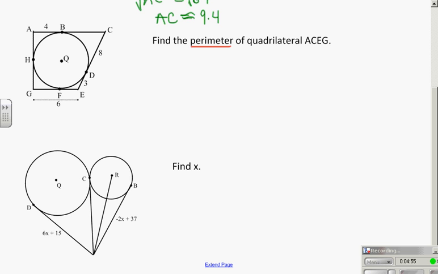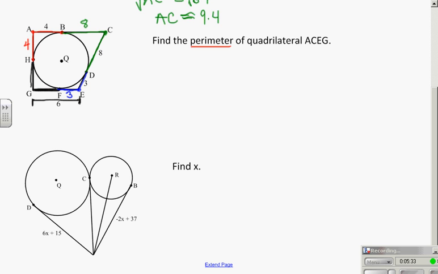Now this next example is asking us for perimeter. Remember, perimeter is the distance around a figure. So we need to fill in some measurements here. Well, if this point and this point are from that external point tangent to the same circle, that means those pieces are congruent. This point and this point are tangent from the same exterior spot, so they are congruent. This point and this point, same deal, so that makes this 3.